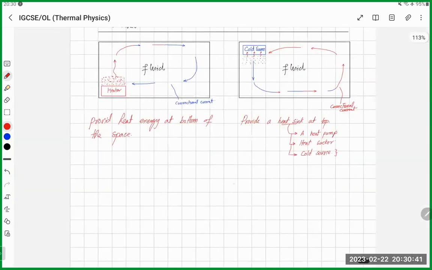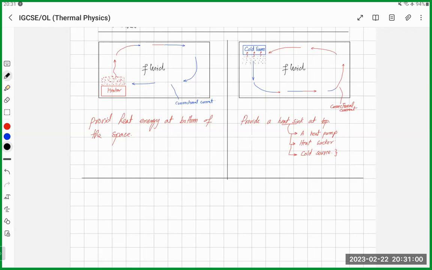So there are two ways we can set convection current in a fluid: by putting a cold object at the top, or we can put a hot object at the bottom. Where do we have a heater at home?